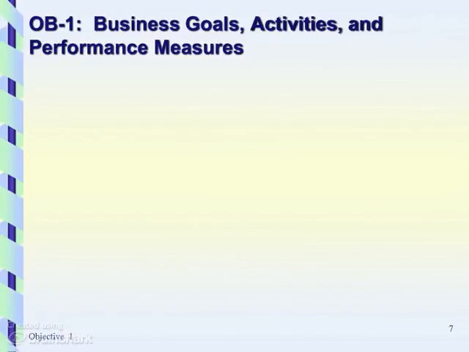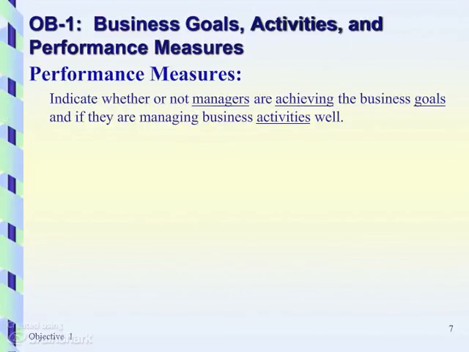Once the business is performing those three different types of activities we discussed, the business also has to establish measures to determine how well it is performing those activities, to determine if it is achieving its goals. So a business, just like you and I, we establish goals for ourselves. You might have, say, a goal to get an A in college accounting.